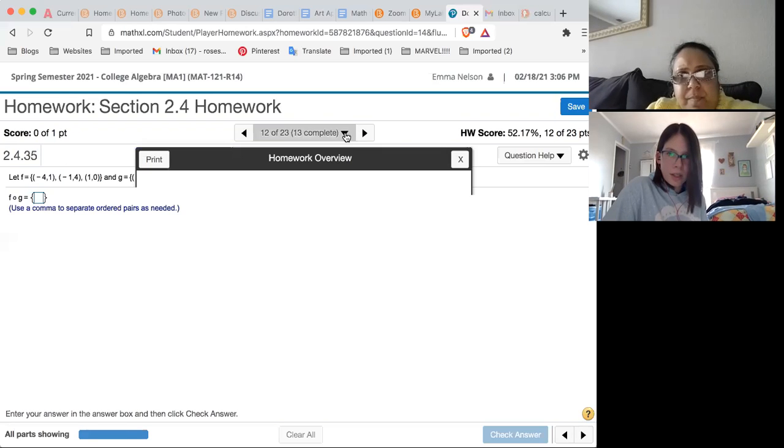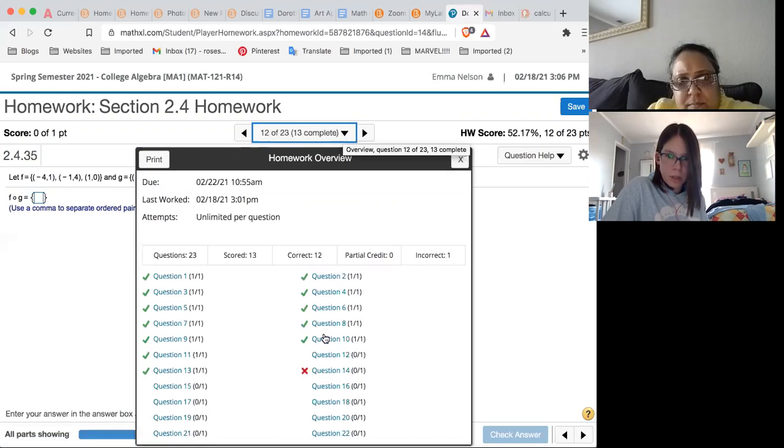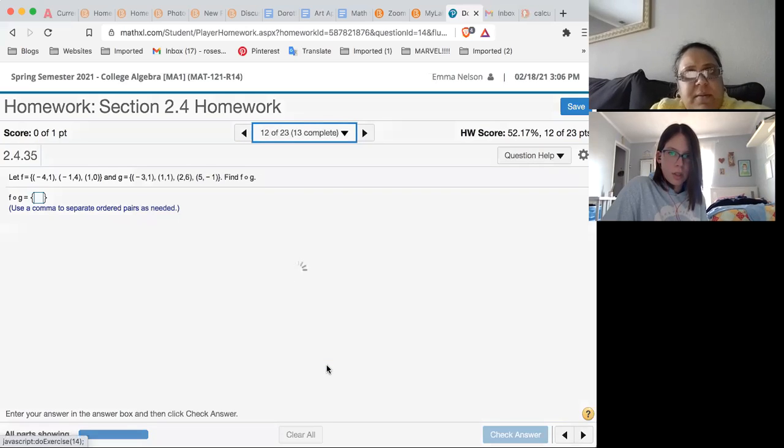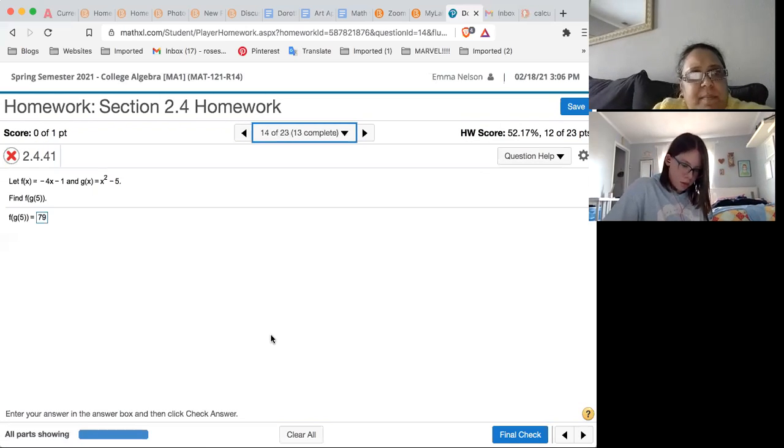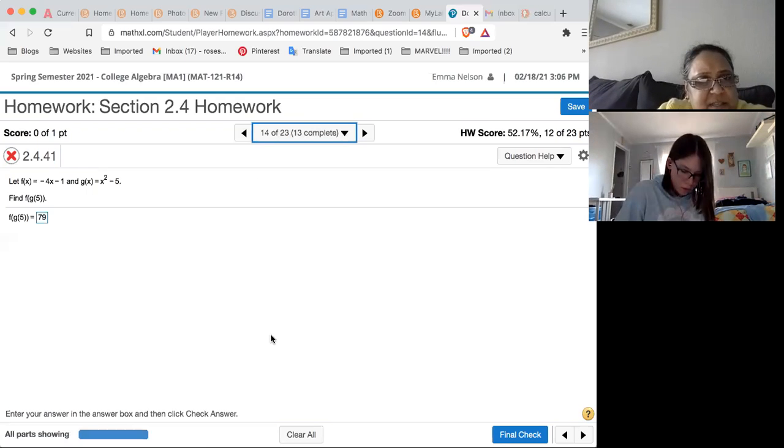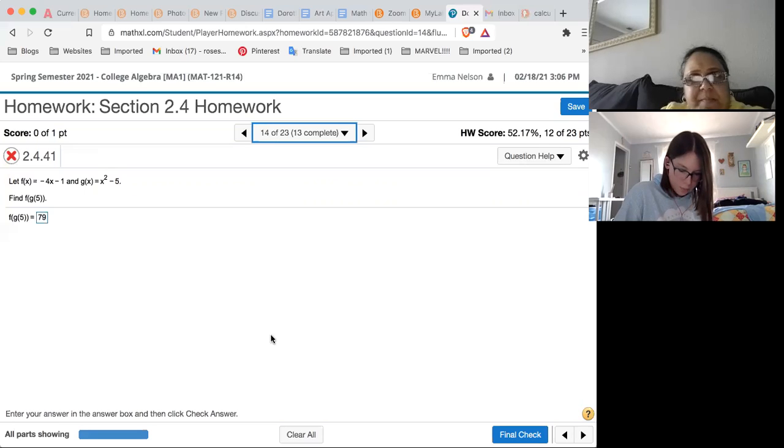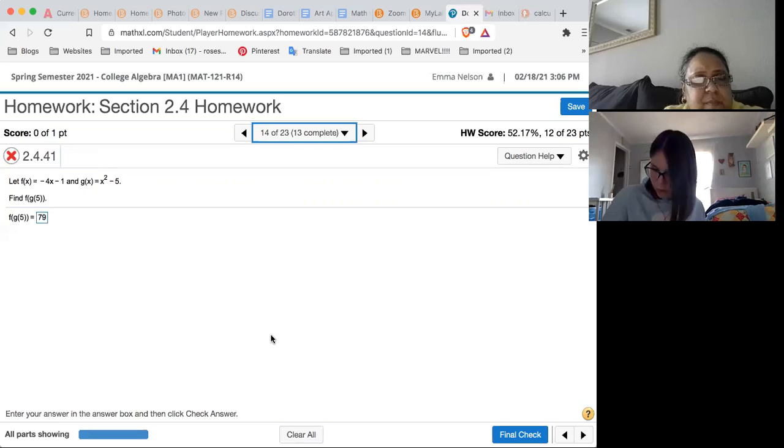And then I needed help with number 14 too. Okay, let's take a look. So this one is specifically asking you to do f of g of 5. So what did you do on this one? I had g of 1 equals 1 squared minus 5.